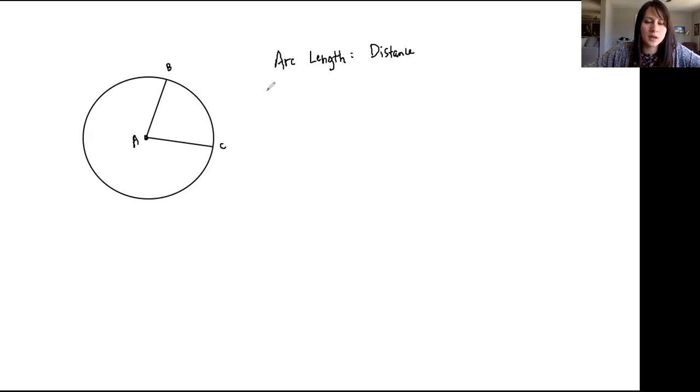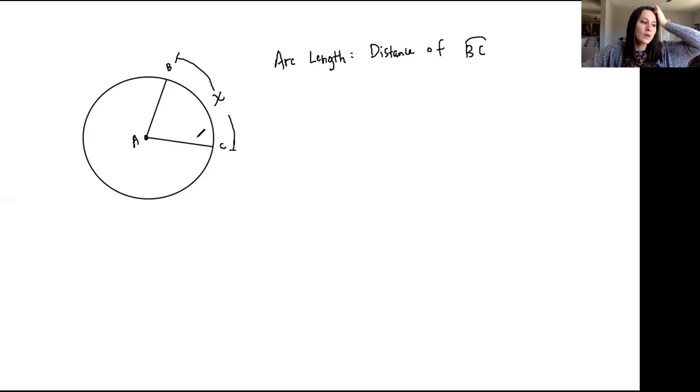So I would say the distance of BC, of arc BC, and we would want to calculate, okay, what's the distance here of arc BC? And that's a length that we would measure out, okay, not an angle. So if we know the central angle, we can actually find the arc length. And this is where we get to use proportions to kind of describe what we need to find.